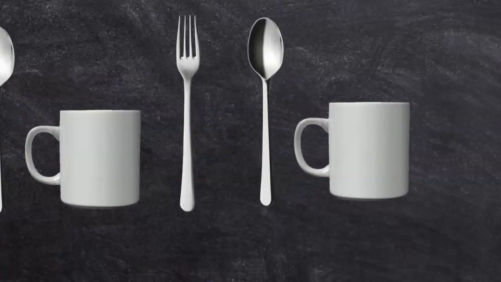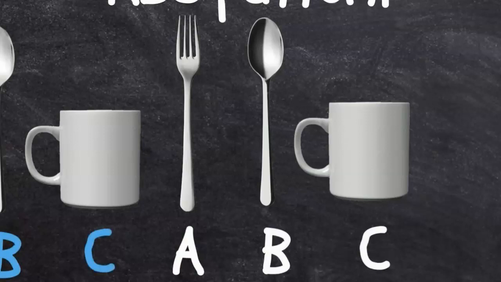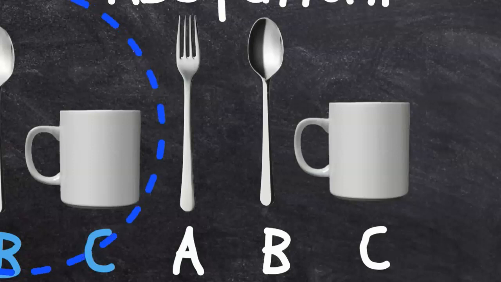This pattern has three different items: fork, spoon, and mug. Because it has three different objects repeating, we would call this an ABC pattern. The fork would be A, the spoon would be B, and the mug would be C. Again, for this pattern, the core is the fork, spoon, and mug, or ABC, which will continue to repeat itself.